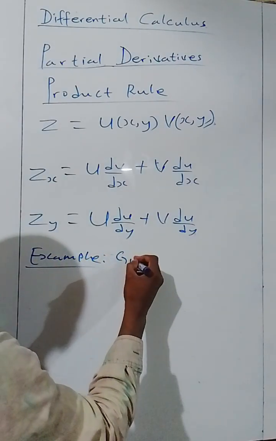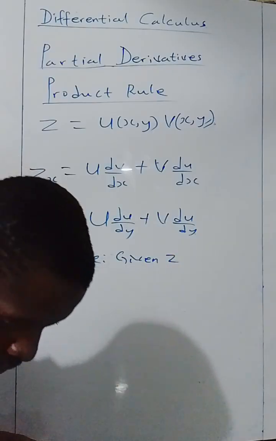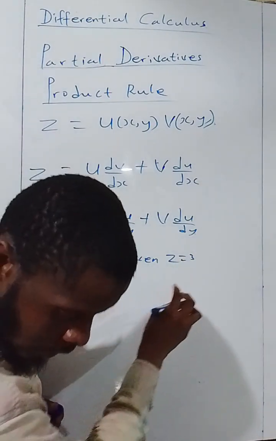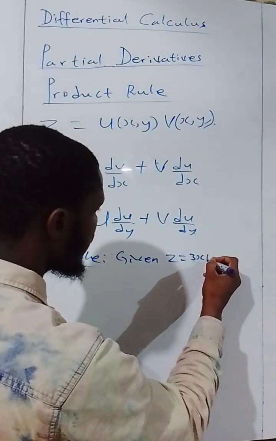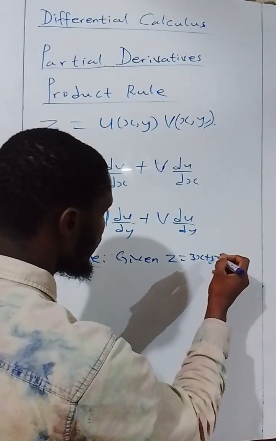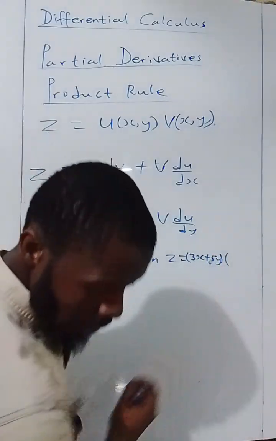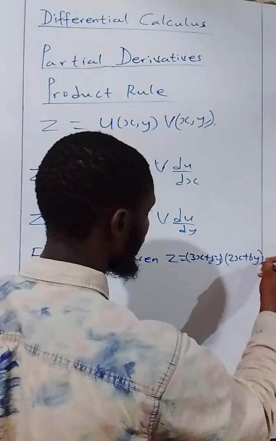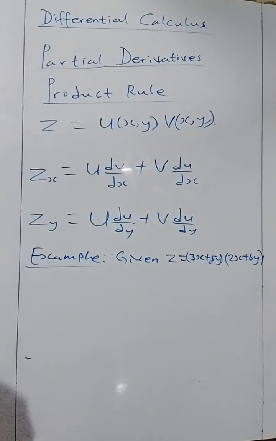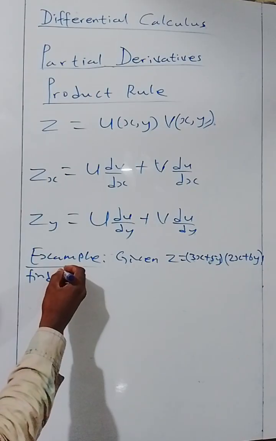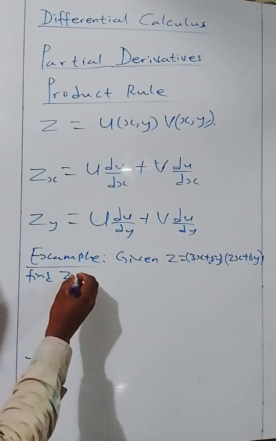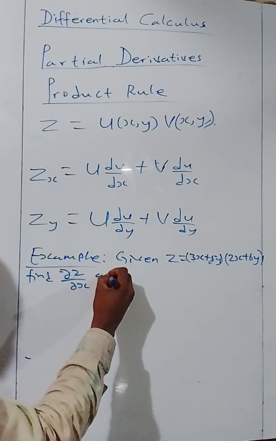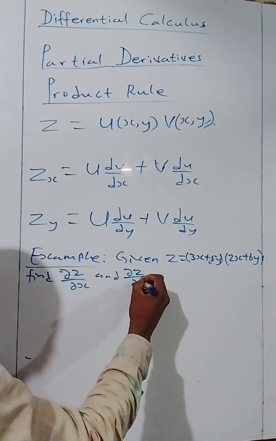Let's say we are given z equals (3x plus 5y) multiplied by (2x plus 6y), and we are asked to find the partial derivatives dz/dx and dz/dy.